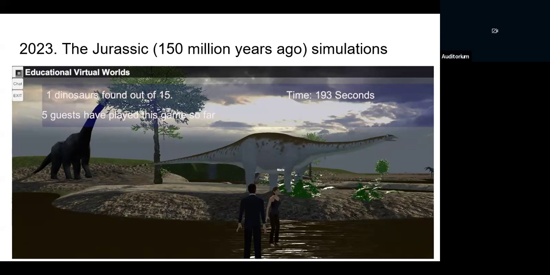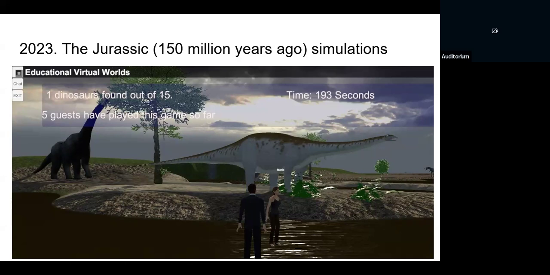And the intent was to create kiosks at Dinosaur Ridge where guests could go around and see reconstructions of what the dinosaurs looked like. The simulation had a time clicker at the top, so it limited how much time, because we didn't want people spending an hour there and blocking it for other people. As you ran around, it recorded the number of dinosaurs that you found. The other thing that was really cool is that it used remote procedure calls.